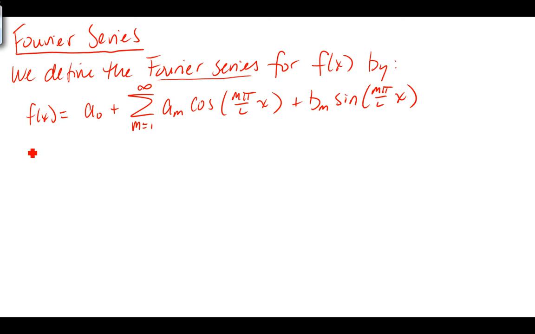Just some quick notation, since this is a pain to write, as you might imagine. We will immediately use some notation. These cosine and sine pieces are just a pain to write, so the usual shorthand is to just use an m subscript. The only difference between any one of these and another one is just what m value I am on: 1, 2, 3, 4, 5, and so on.